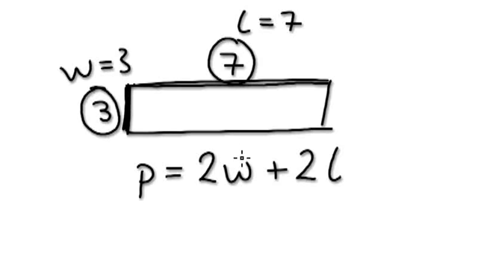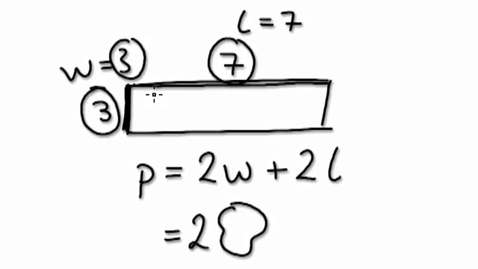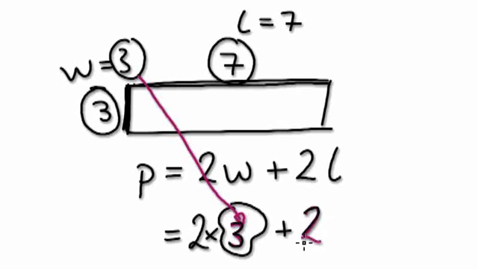Now you can imagine it as this 2W here. Remember W equals 3, so you put the 3 into here, because W is 3. So basically it's saying 2 times 3. And then our formula is this. What's L? L is 7.